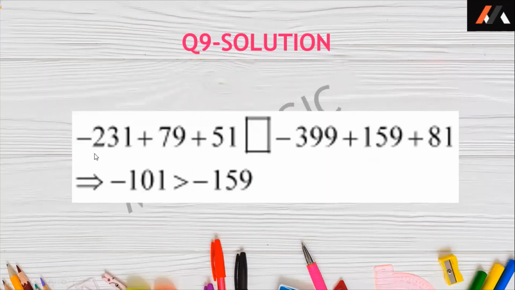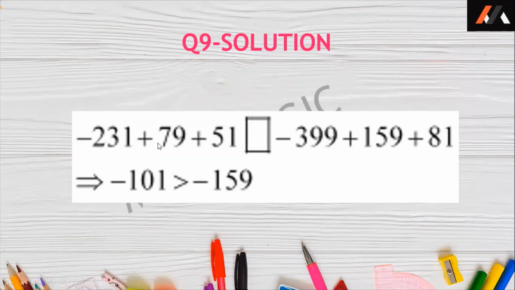In the next question, minus 231 plus 79 plus 51 is on the LHS, and minus 399 plus 159 plus 81 is on the RHS.